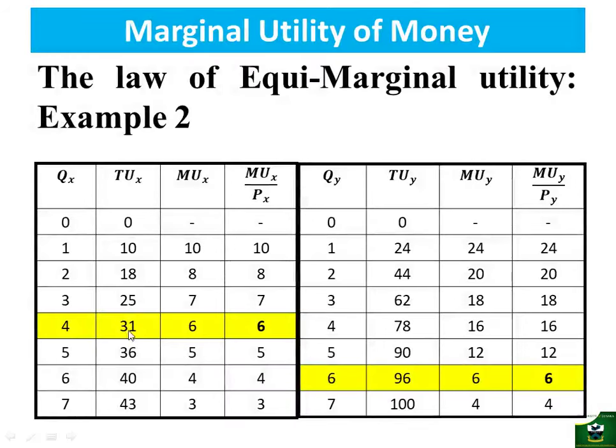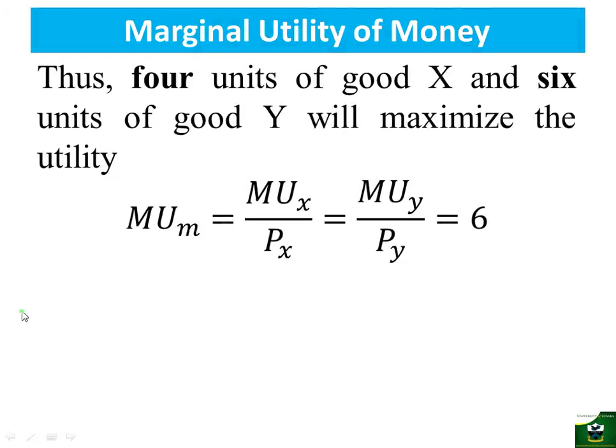So here we have 31 of X. This is the total utility from X, and we have 96 from Y. So when we add these two, we end up with 127 utils.